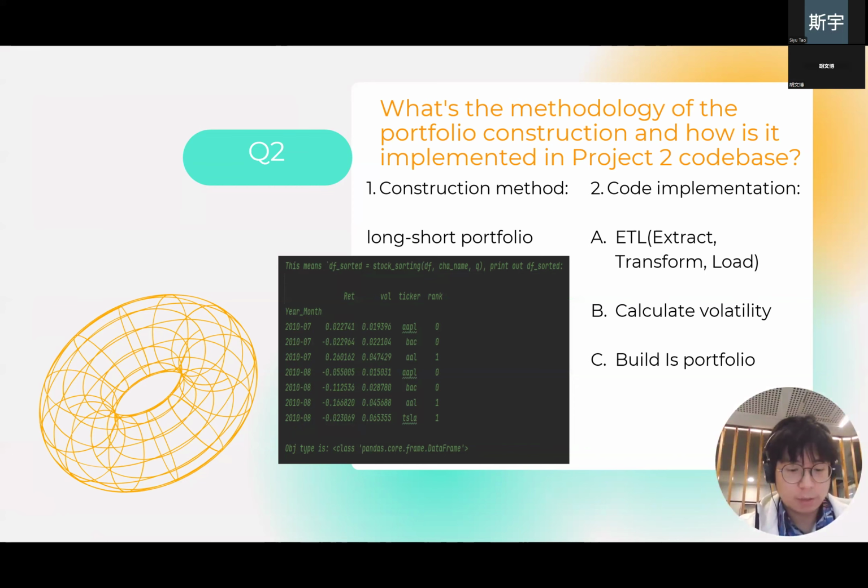Use the read function to extract the adjusted closing price for the specific stock symbol within the defined date range from the CSV file of the stock price information and collate it into the panel sequence. Using the daily return calculation function, we calculate the daily return from the price information.